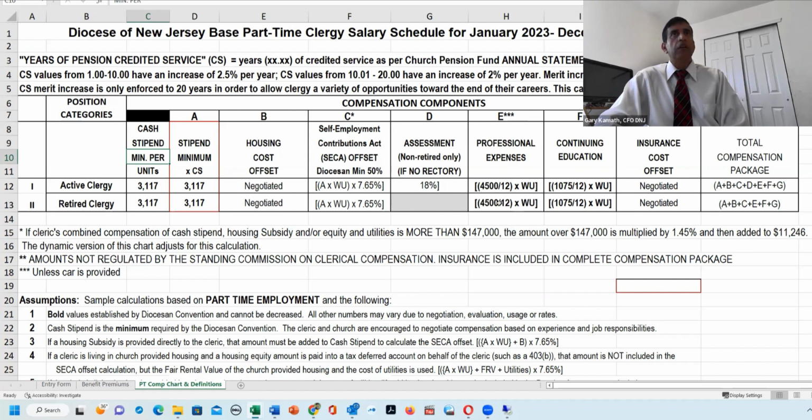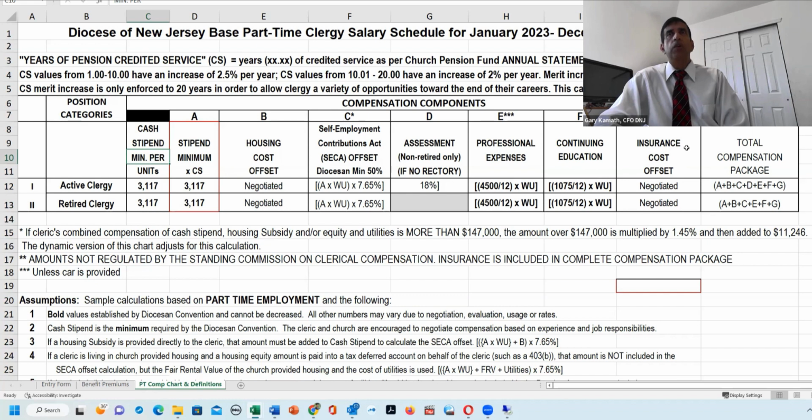Professional expenses, same thing. 4,500 we thought was the minimum, so divide that by the work units to give them professional expenses based on the work units. The continuing education, same way, divided by 12 to get the per work unit minimums.